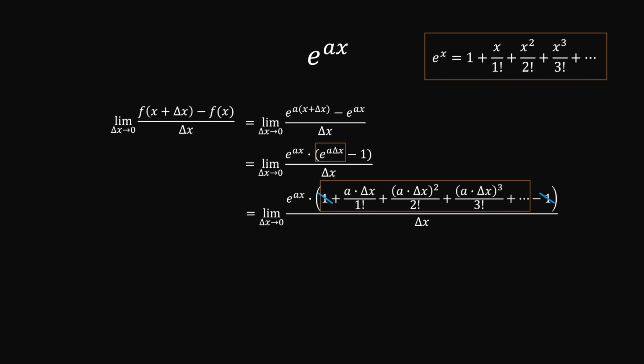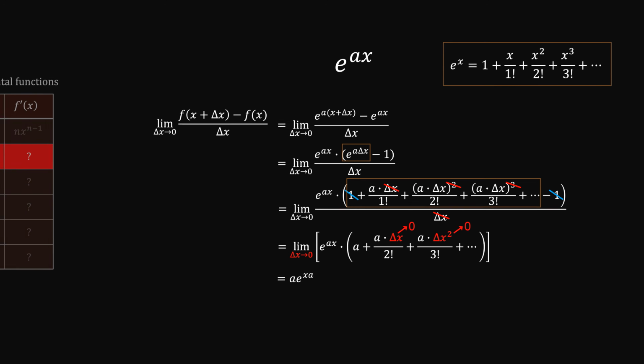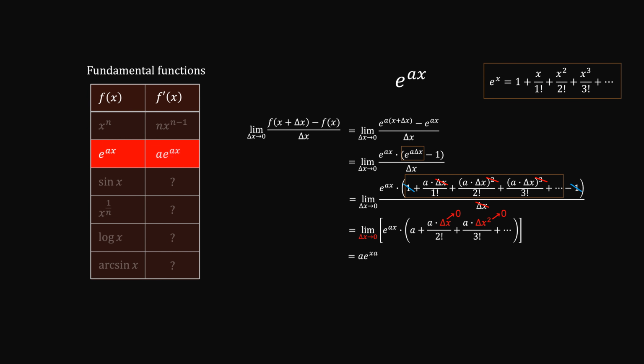These two cancel out. Now we can factor delta x, giving us a plus the higher order terms. As we take the limit, only constant a stays. All others will go away. So we are left with a times e of ax. So the derivative is a times itself.